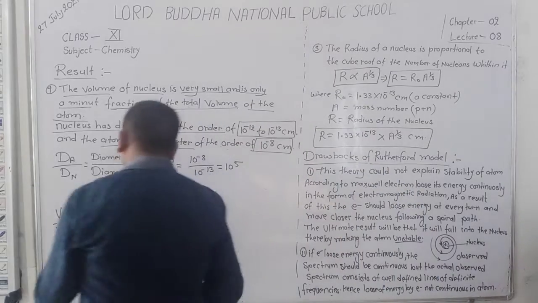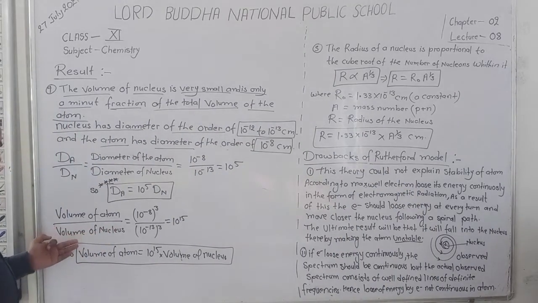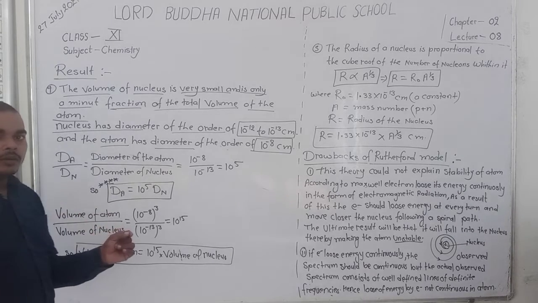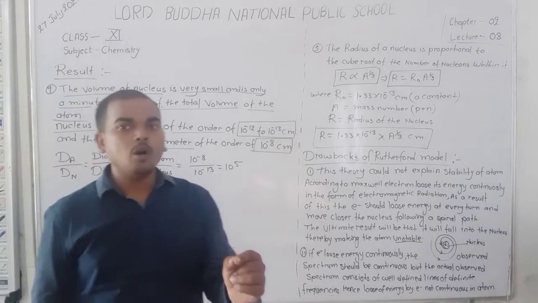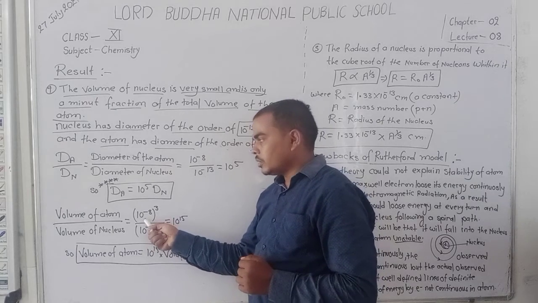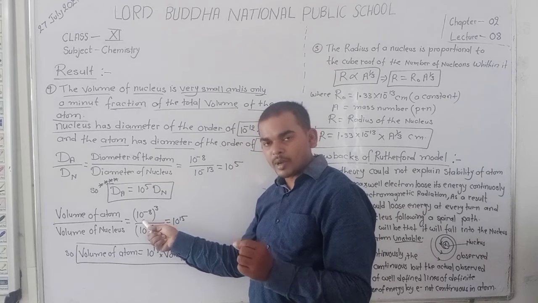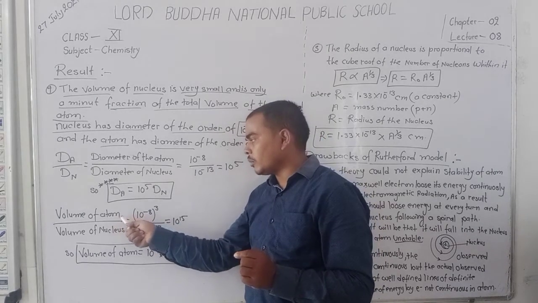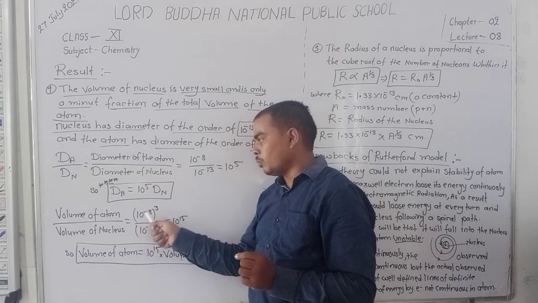Similarly, the ratio of the volume of the atom and the volume of the nucleus. Dear student, volume is the cube of the diameter. So we write here the diameter of the atom is 10 raised to the power minus 8. So the volume of the atom is 10 raised to the power minus 8 whole power 3.